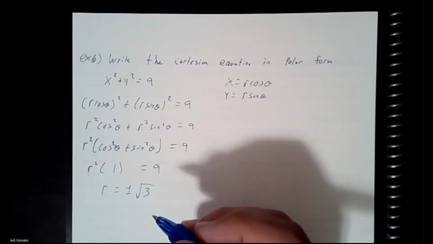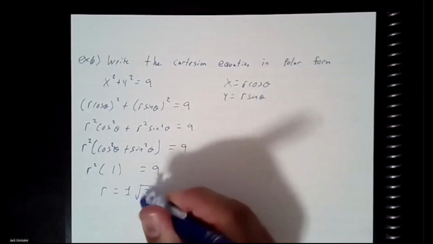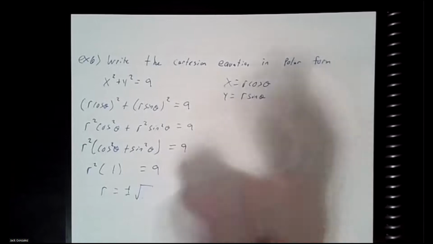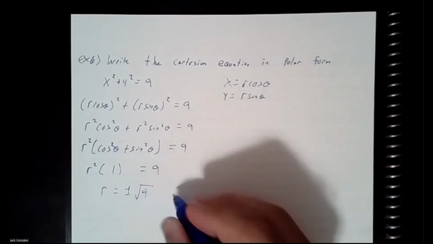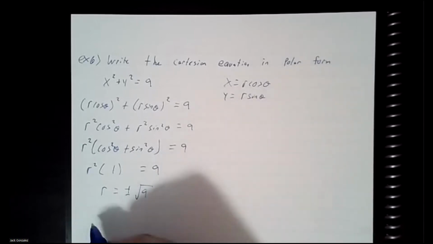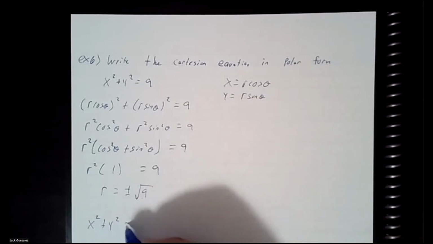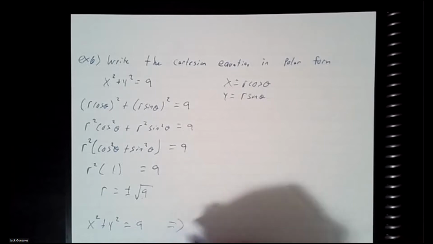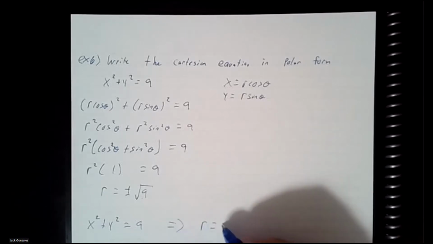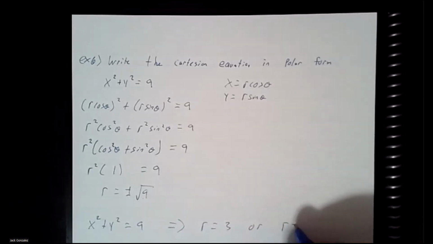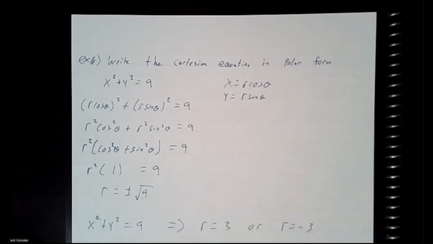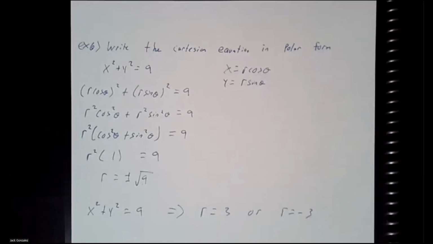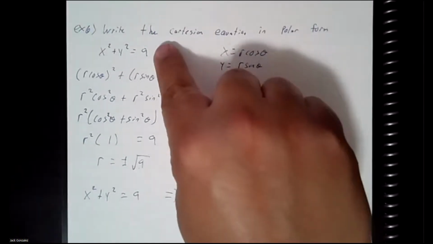So it seems that our equation x squared plus y squared equal to 9 is the same as r equal to 3 or r equal to -3. Either way, it's going to generate the same graph. It's going to be a circle. You should have noticed, right? This is a circle equation.